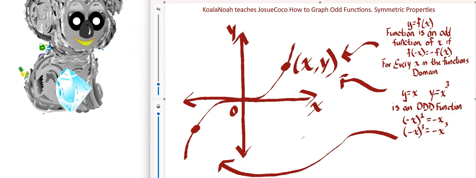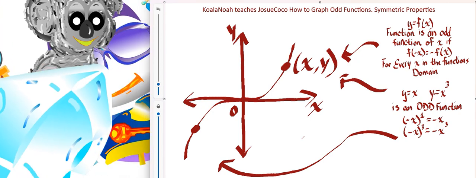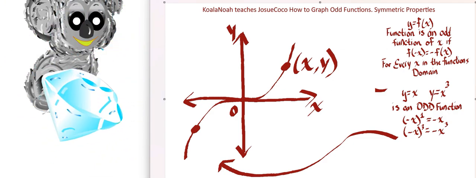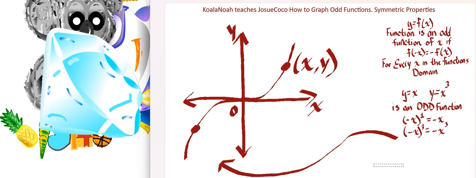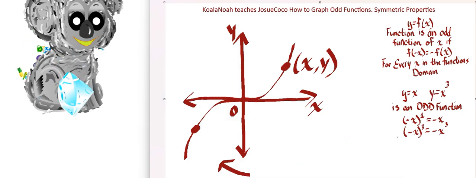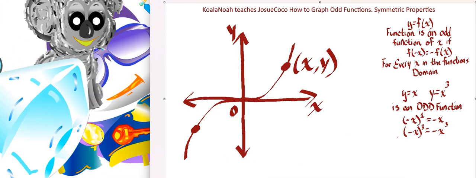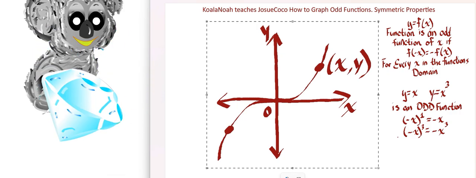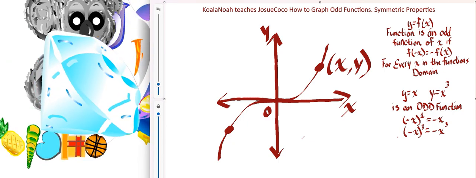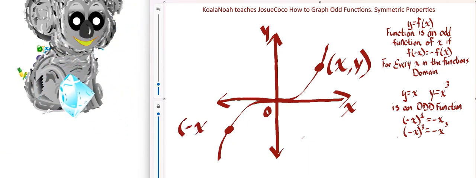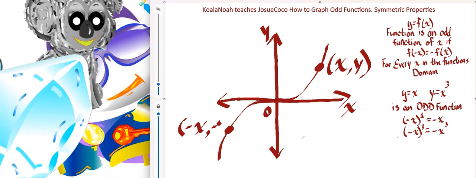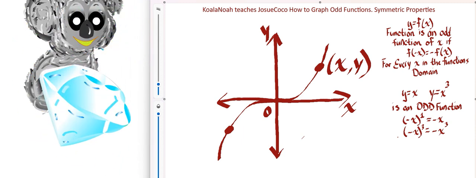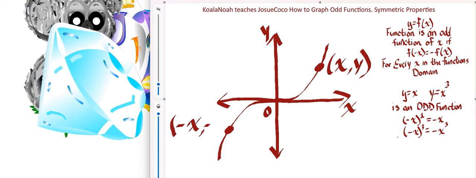Let's make some space here. We'll label this second point in quadrant 3 negative x, negative y.